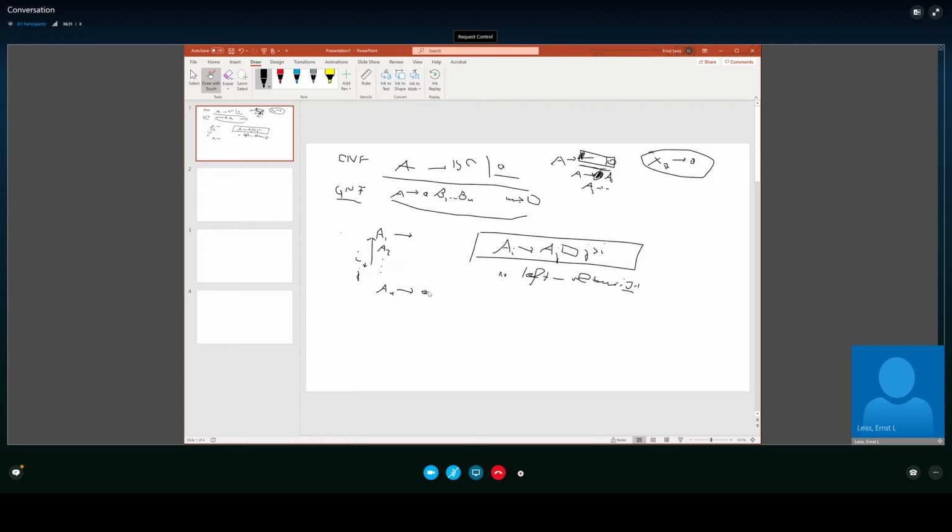in particular, that the last variable's right-hand side must always start with a terminal. And then you can back substitute that into what happens before. So you do the An minus 1. It can start either with a terminal, which is fine, or it can start with An, and by substituting the An productions for that leading An, you then get An minus 1 productions that all start with terminals, and so on and so forth.